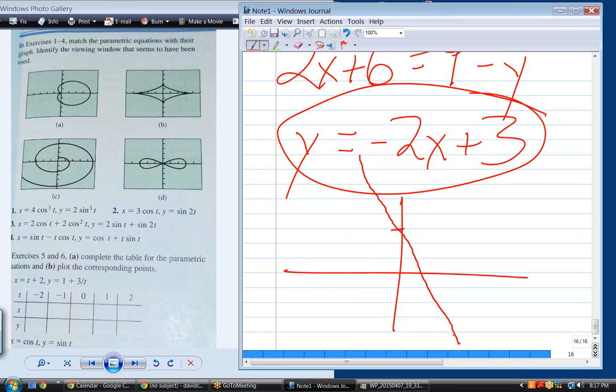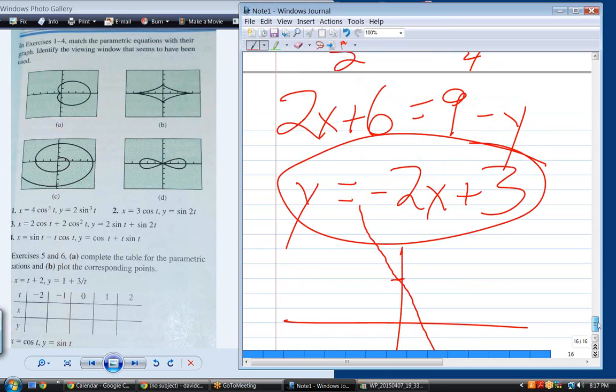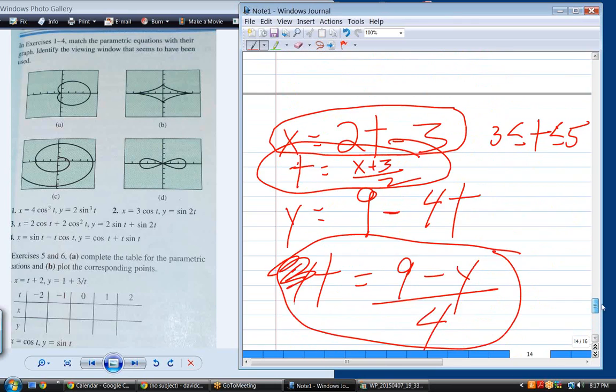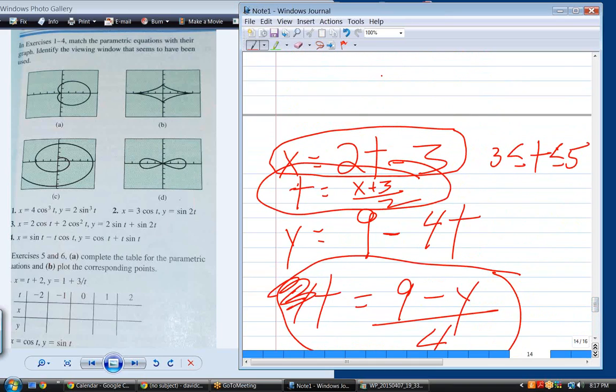When I draw that line, it goes up to infinity and down to infinity, whereas our line is constrained by the fact that t only goes from 3 through 5. Well, when t is 3, you have an x of 3.